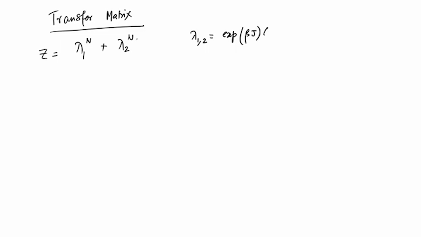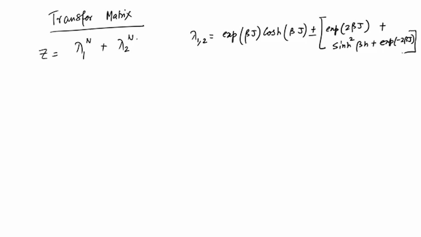So, we wrote down the partition function, which is equal to lambda 1 to the power n plus lambda 2 to the power n, where lambda 1 and lambda 2 are the 2 eigenvalues, which are written as exponential beta J cosine hyperbolic beta h, plus minus the square root of exponential 2 beta J sine hyperbolic square beta h plus exponential minus 2 beta J. Okay.